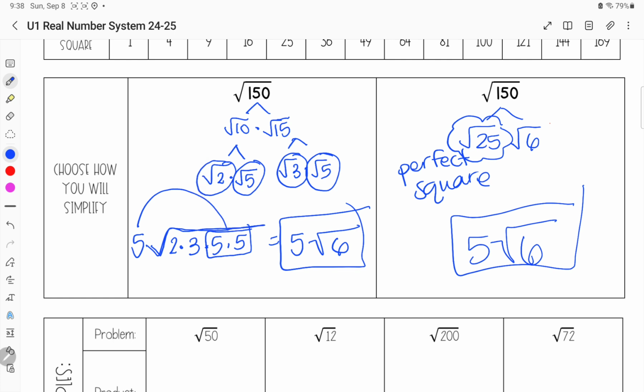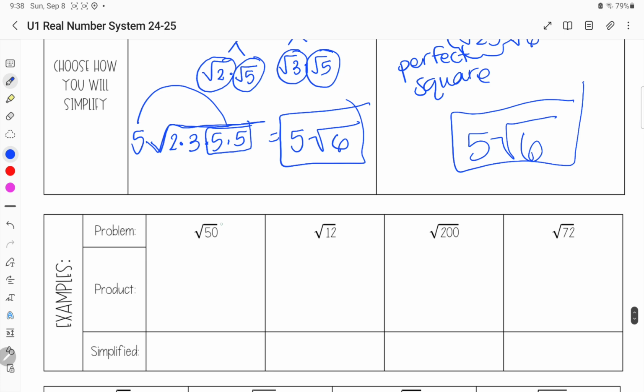Okay, so we're going to start with 50. And I'm going to break it down. And again, it doesn't matter. You could do 2 and 25 if you wanted. That's personally what I would do. But some of you will do 5 and 10. So I'm actually going to do 2 and 25. Now, I know that this is a perfect square. So I could be done.